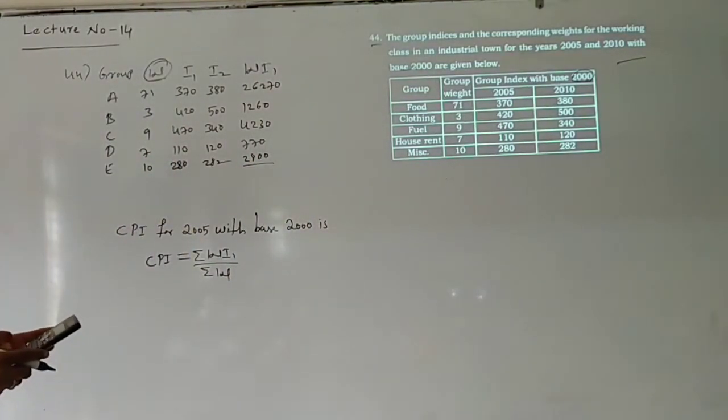Here you have to add all these values: 26270 plus 1260 plus 4230 plus 770 plus 2800.